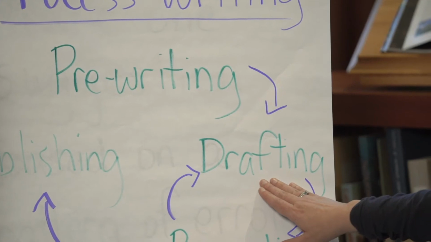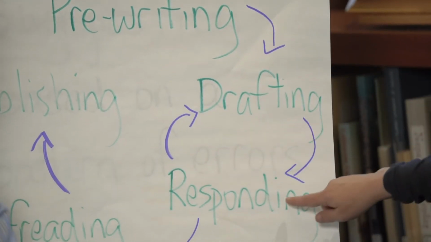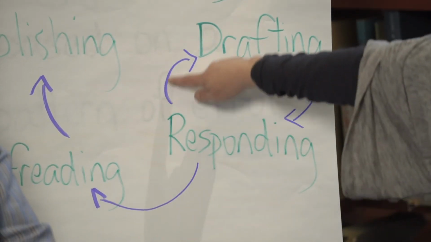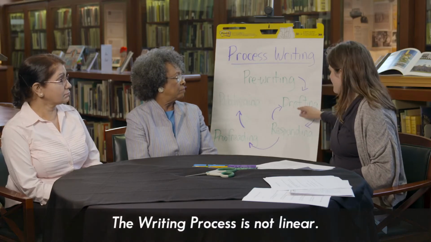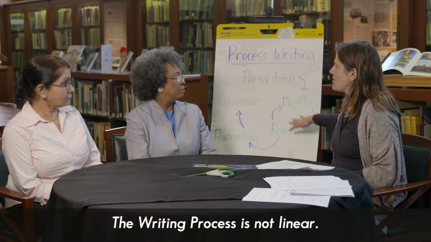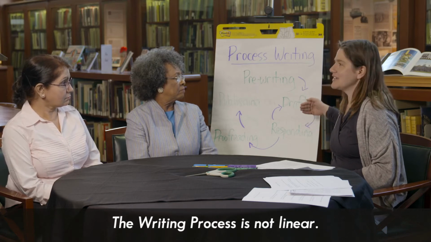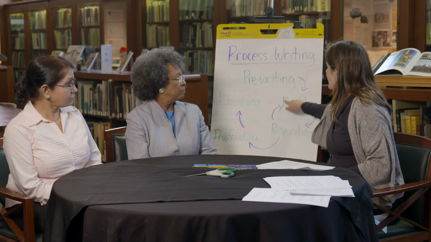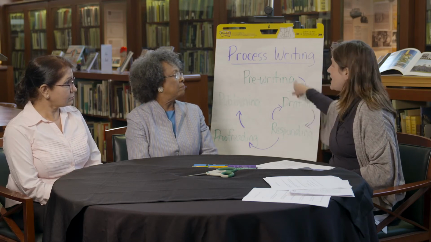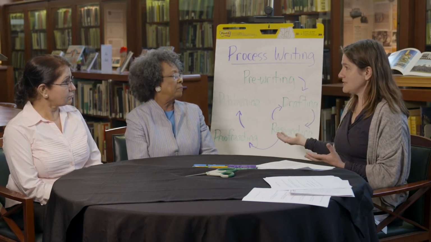It's been through a first draft. It's been responded to. It's been back. It's been revised. And it kind of has been in this whirlpool of going from drafting to responding to revising, drafting, responding to revising. And a piece of writing can really circle around this whole writing process a number of times.